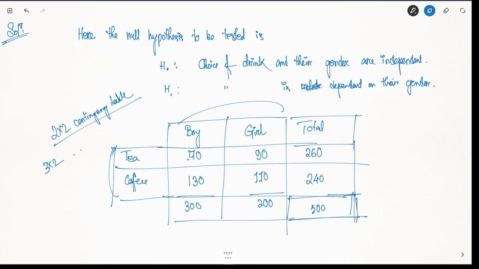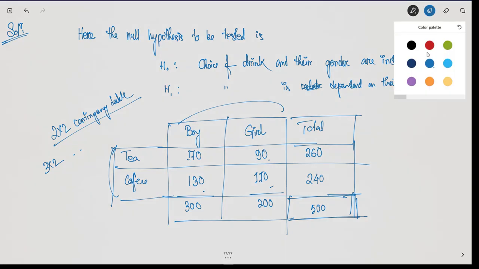So this is the data given in your question. Now these figures, 170, 90, 130 and 110, are observed in real life, right? So these are called observed frequencies. We will denote them by some numbers.